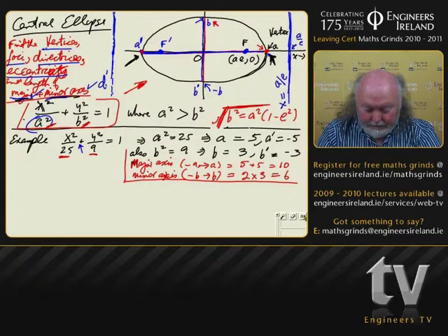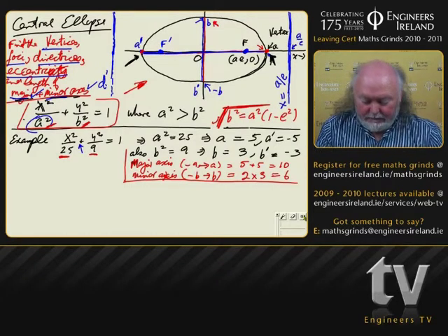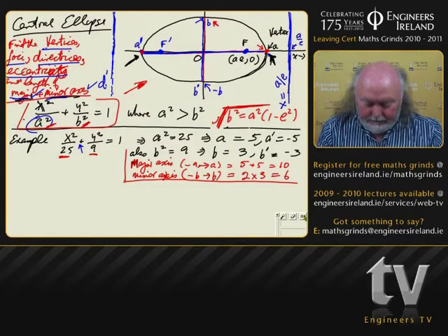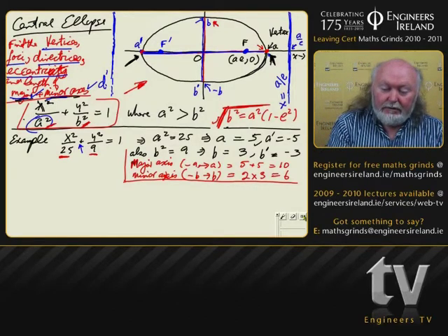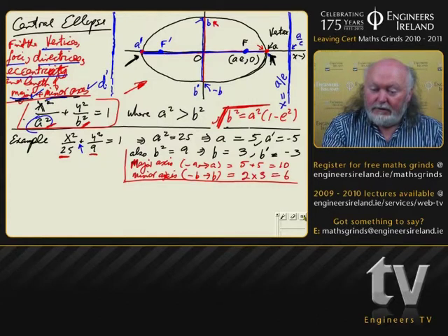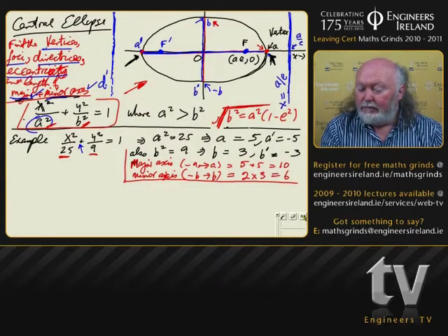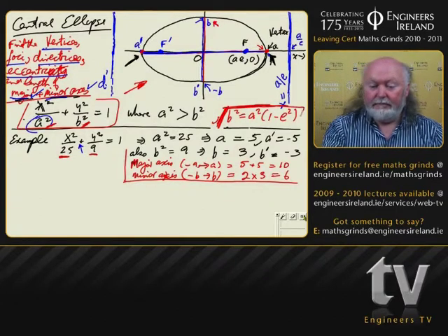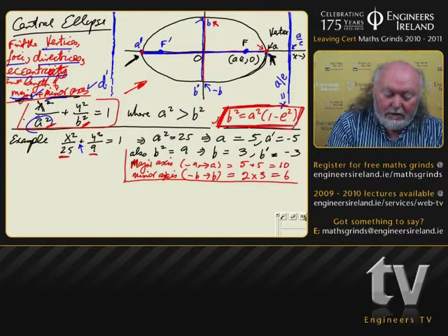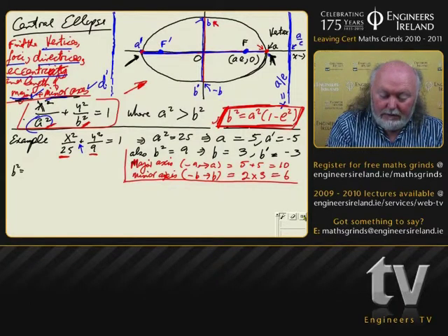Okay, what's the next thing we can do on this? We're going to find the eccentricity using this equation over here. We know that b squared equals a squared times (1 minus e squared).